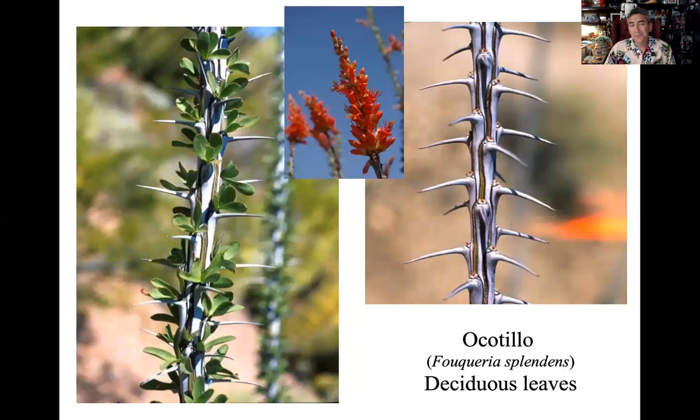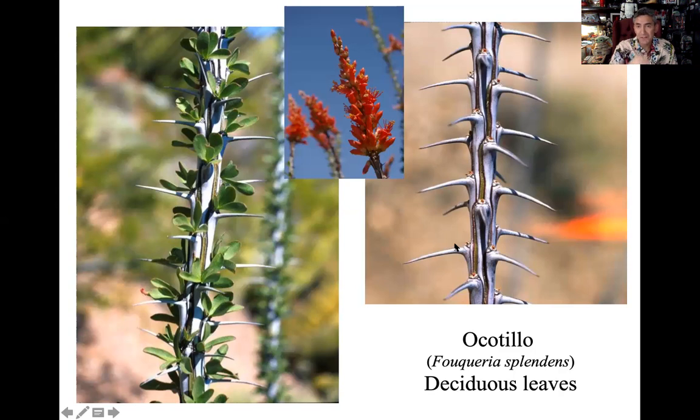Another maybe common plant, maybe you don't look at it or see it that often, but it's a very well-adapted desert plant called the Ocotillo in Spanish. Fouquieria splendens, scientific name. I don't know the English common name, devil's walking stick or something like that. It's basically a stick with spines.